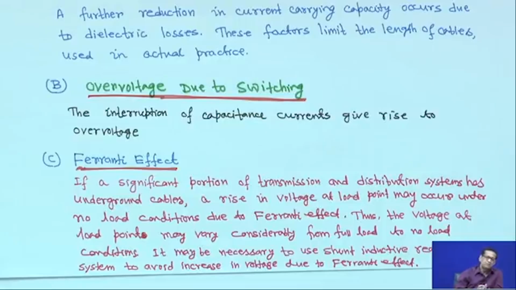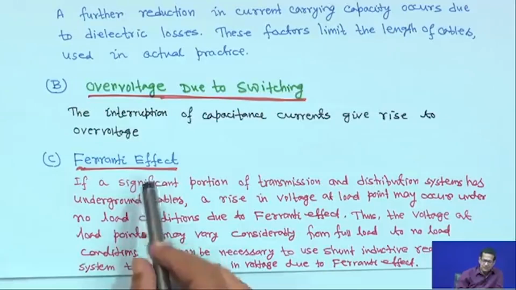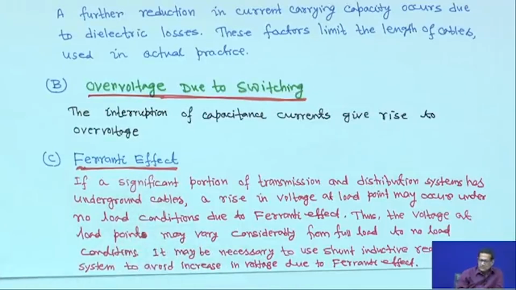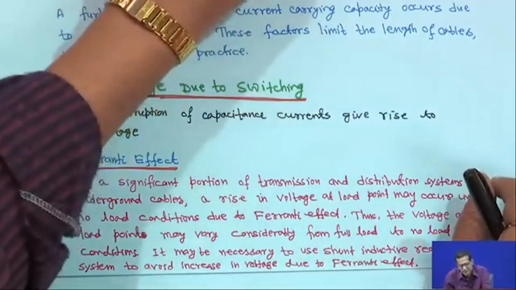Otherwise, you have to put shunt inductive reactors, such that they will compensate the reactive power injected by the shunt charging capacitor, right. So, that is why shunt inductor is required, such that they will compensate each other. That is why this Ferranti effect. In the power system analysis course, in brief I have just told you what is Ferranti effect. So, these are the things you have to consider.